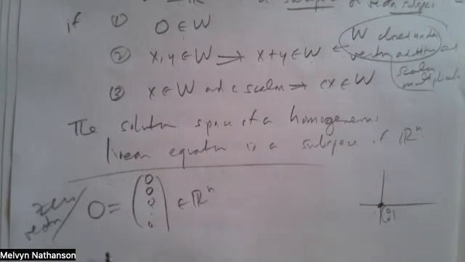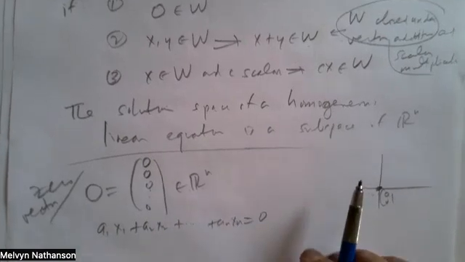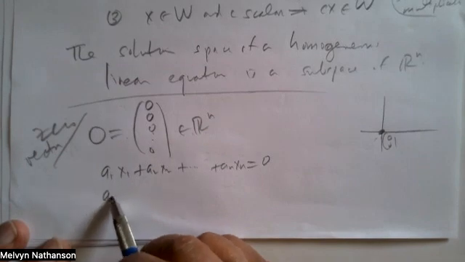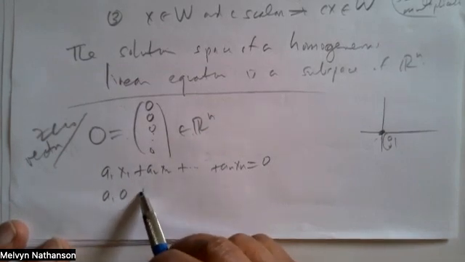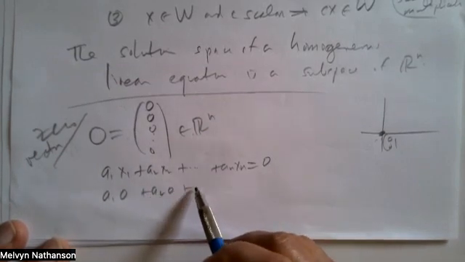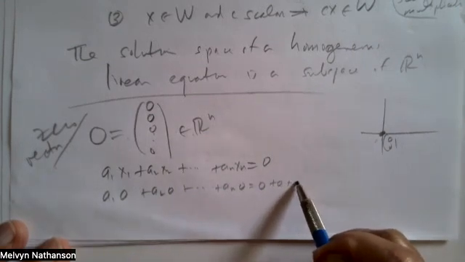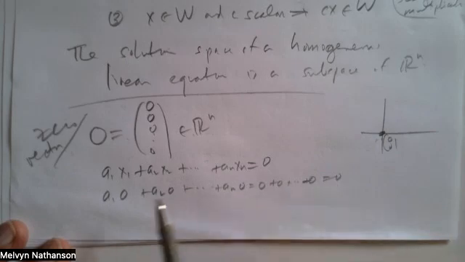And if I have the equation a1 x1 plus a2 x2 up to an xn equals 0, a homogeneous equation, if I let all the x's be 0, a1 times 0, a2 times 0, an times 0, this is just 0 plus 0 plus 0, that's equal to 0.